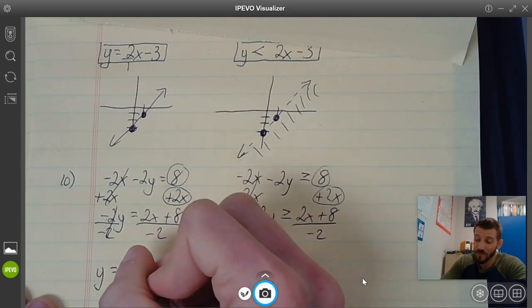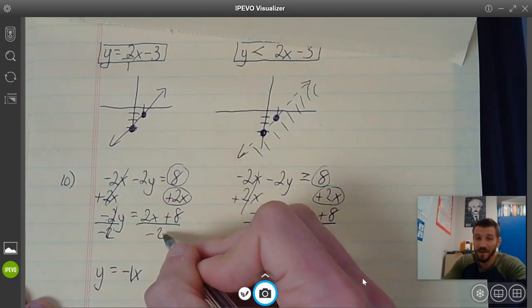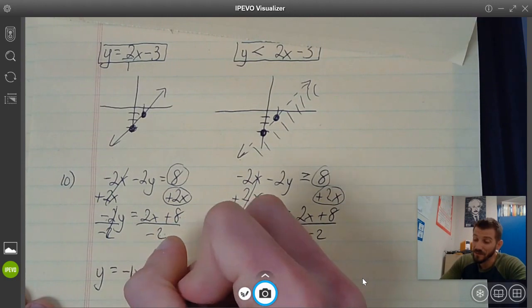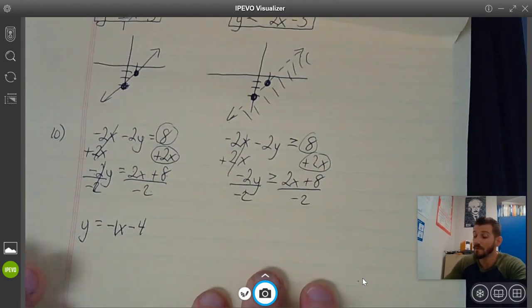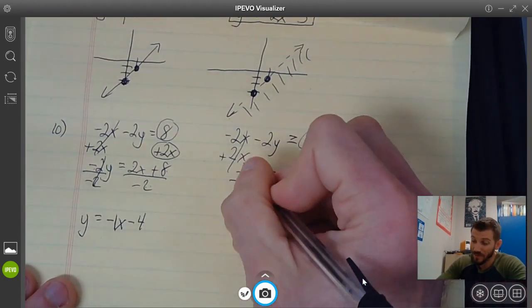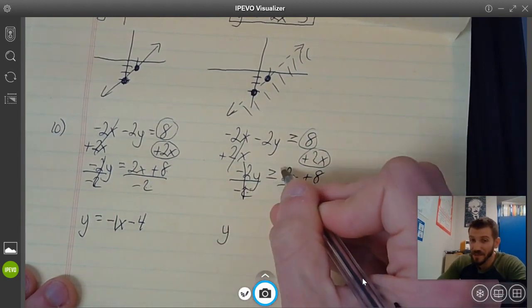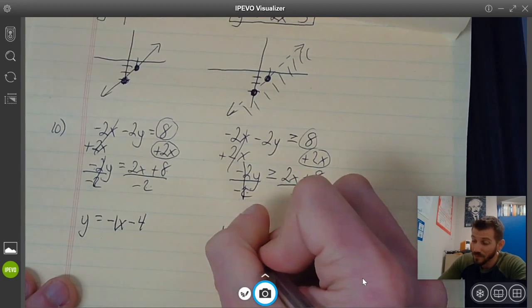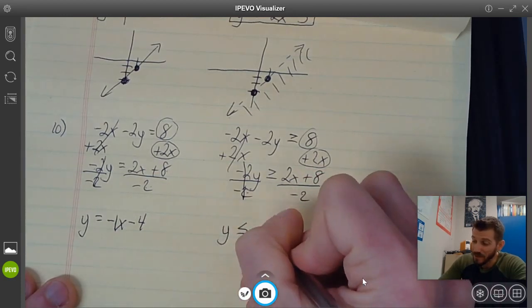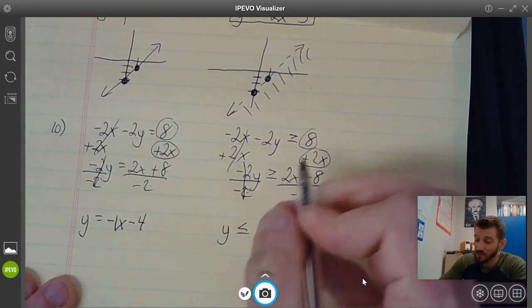We can even put a 1 there if that helps you. 8 divided by negative 2 is negative 4. This one, same thing, but we just divided both sides by a negative number, meaning our sign better flip, getting our same answer as we did over here.